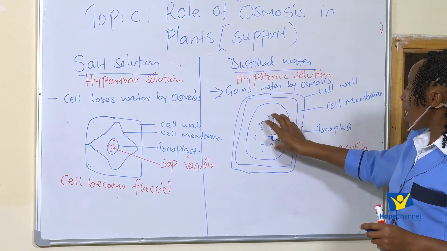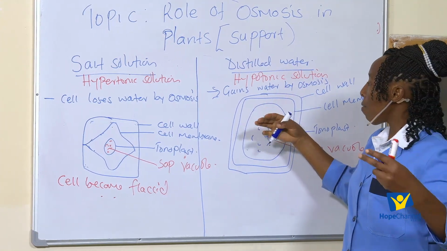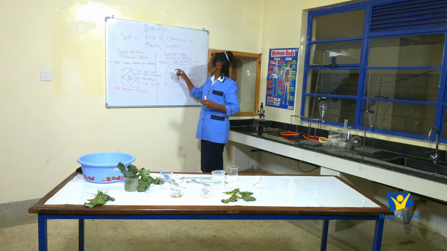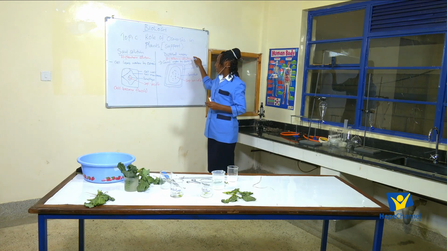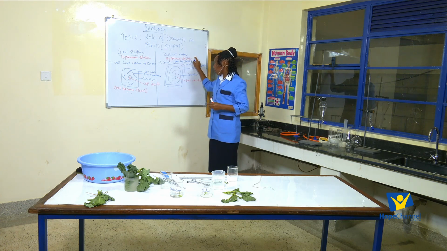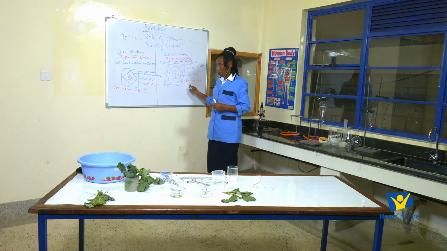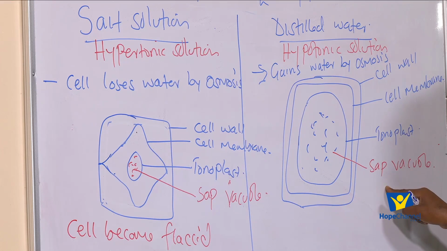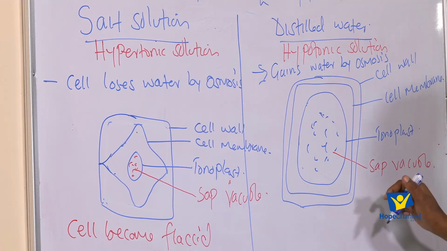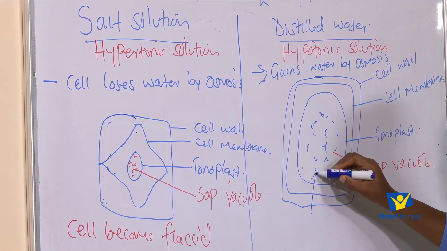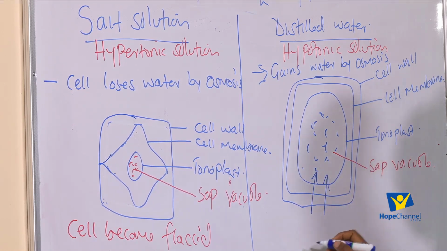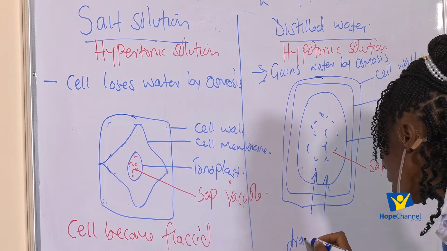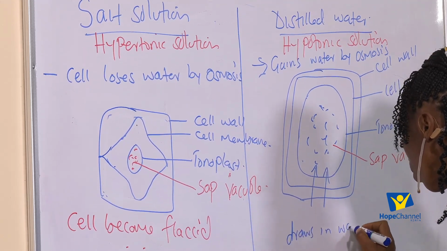It is because when the environment outside the cell is hypotonic, it is hypotonic to the sap vacuole. So that means the sap vacuole is hypertonic. Being hypertonic, it will draw in water. So this one draws in water.